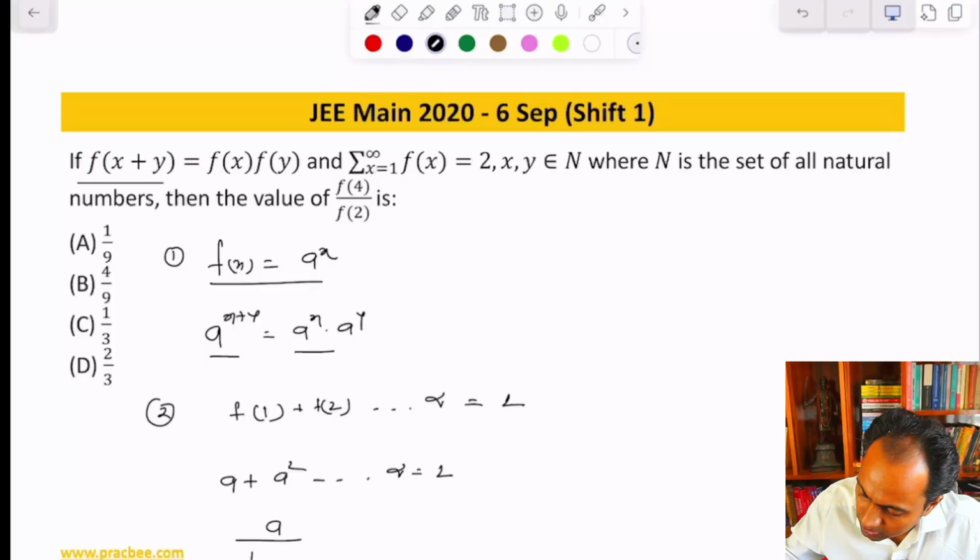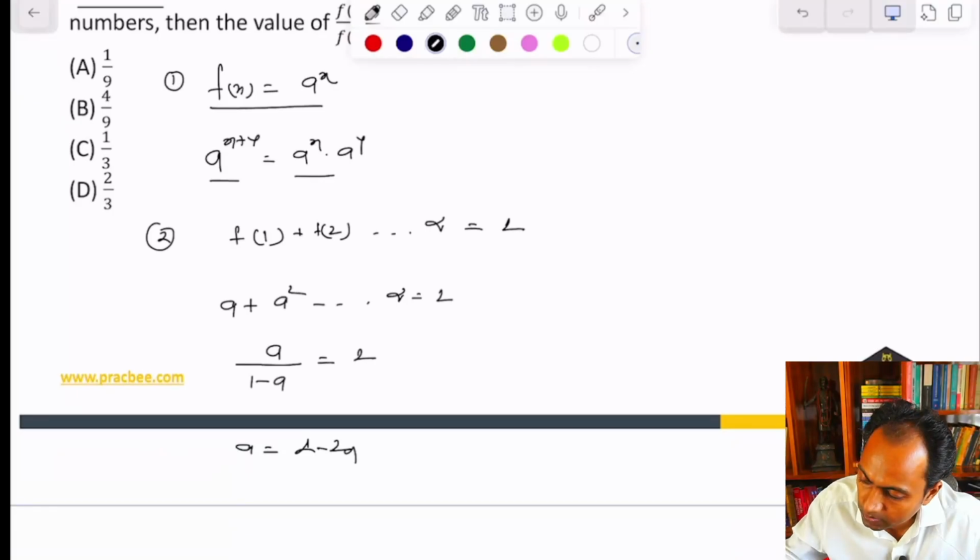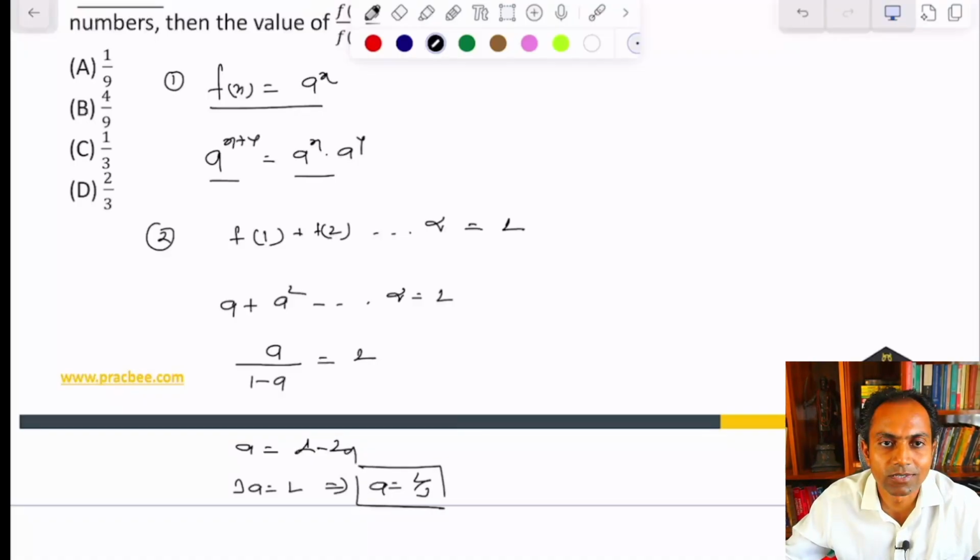This is infinite GP, so a upon 1 minus a would be equal to 2. So if I cross multiply, it becomes a is equal to 2 minus 2a. So thrice of a is equal to 2. As a result, the value of a comes out to be 2 by 3. See, now you have got the value of a. As a result, you have also got the function.